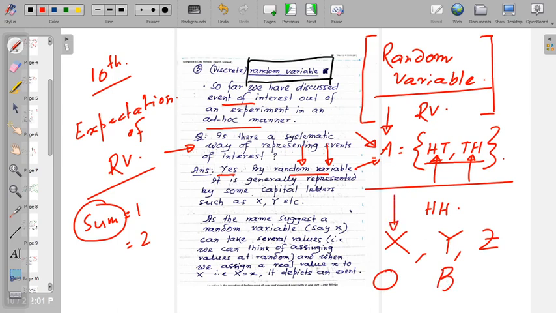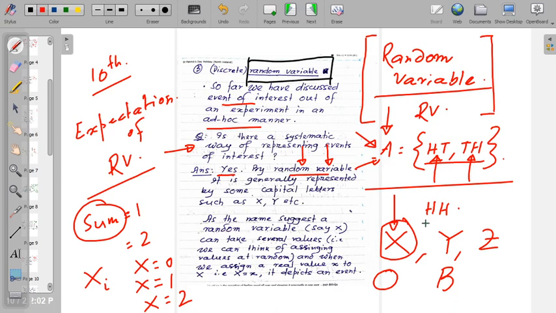We'll be mainly discussing with the help of X, or X sub i, Y sub i, and Z sub i. Now this X is a variable, and it can take many different values: X can take 0, X can take 1, X can take 2, and so on, depending on the application we are discussing.